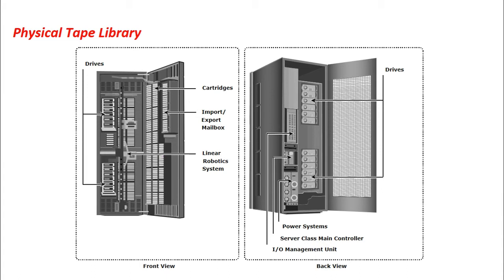When a restore is initiated, the backup software identifies which tapes are required. The robotic arm is instructed to move the tape from its slot to a tape drive. If the required tape is not found in the tape library, the backup software displays a message instructing the operator to manually insert the required tape into the tape library.